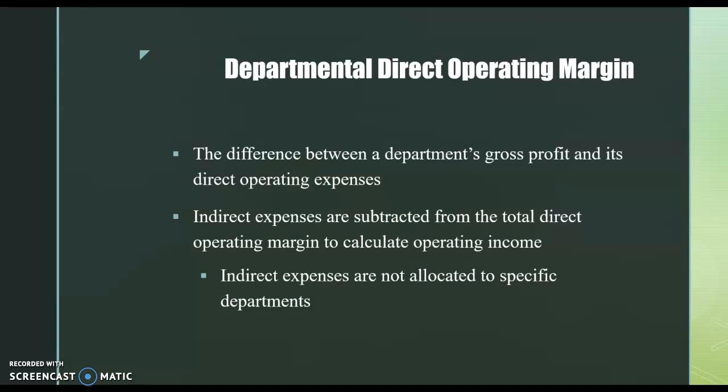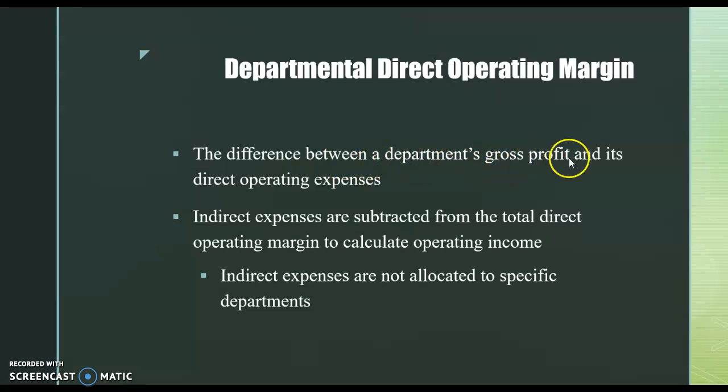Now, here we're going to take a look at a slightly different way of looking at the operating expenses. Here we want to take a look at just the direct operating expenses. We have a special vocabulary here.